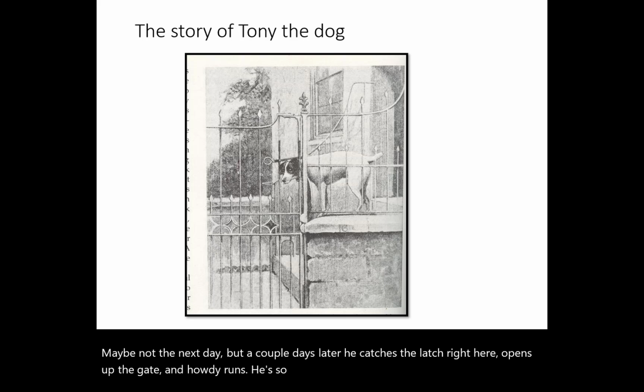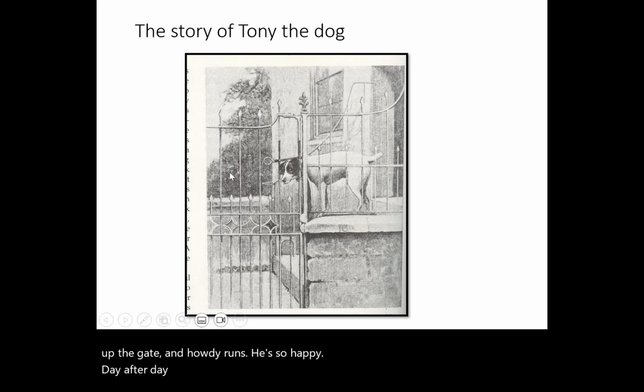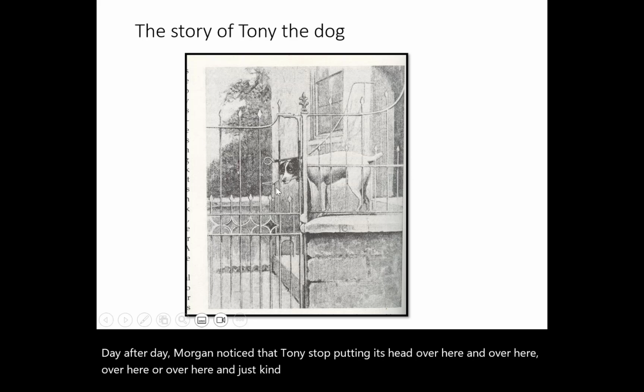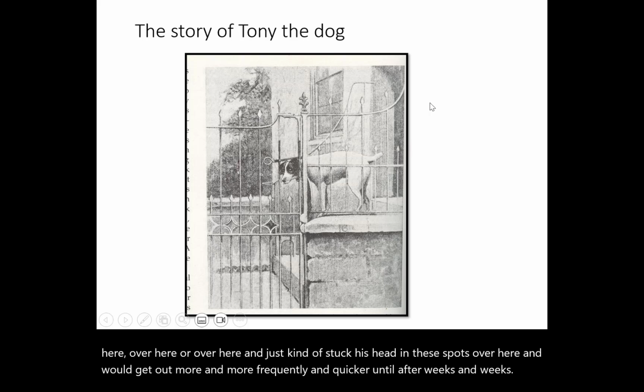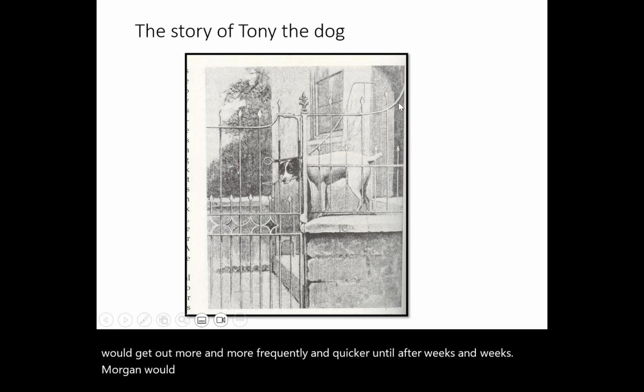Well, day after day, Morgan noticed that Tony stopped putting his head over here and over here, and just kind of stuck his head in these spots over here and would get out more and more frequently and quicker. Until after weeks and weeks, Morgan would leave and Tony would run, stick his head right in that spot, lift up the latch, and out he would go immediately.